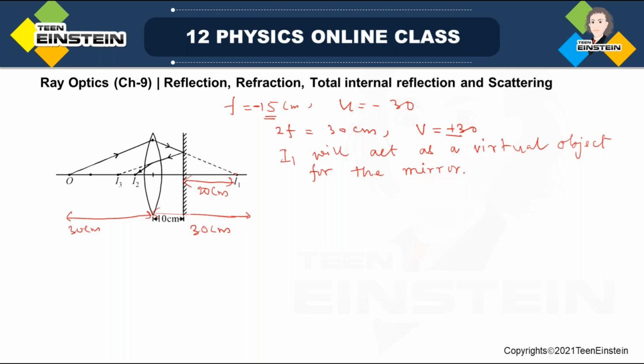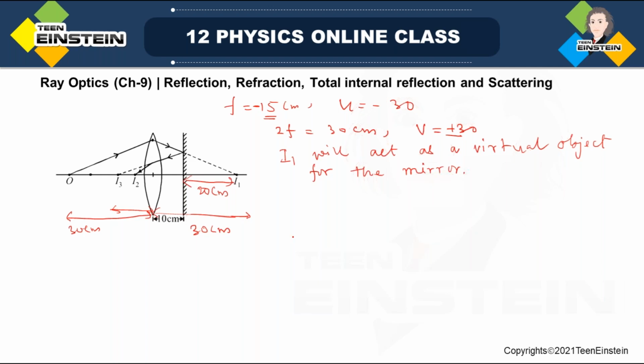Now this will act as the object for the mirror, so it would have formed another image at this place. So look, this much is 10 centimeter, and another 10 centimeter.